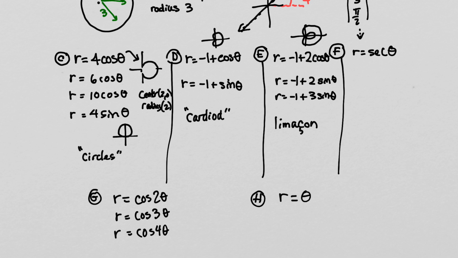The next one, I'll add a note here, is called a limaçon, except it has underneath the C, what do you call those things when you put them to make them sound like S's? Does it make it sound like an S or a cup? I think it makes it sound like an S.